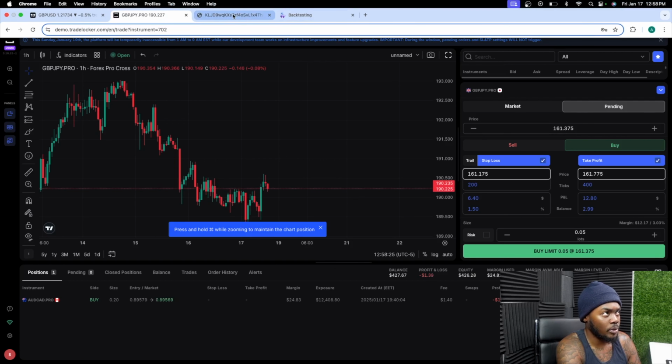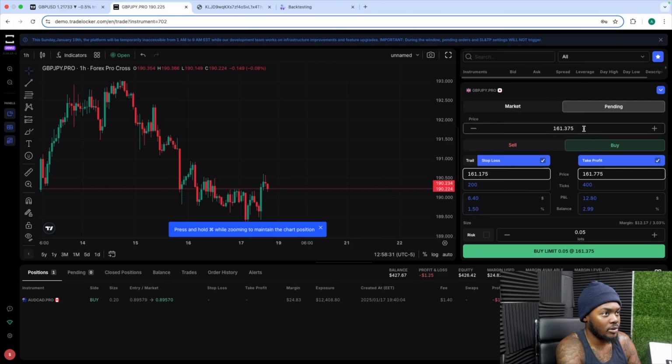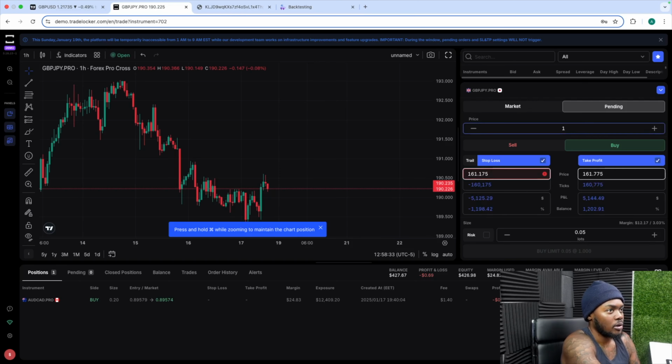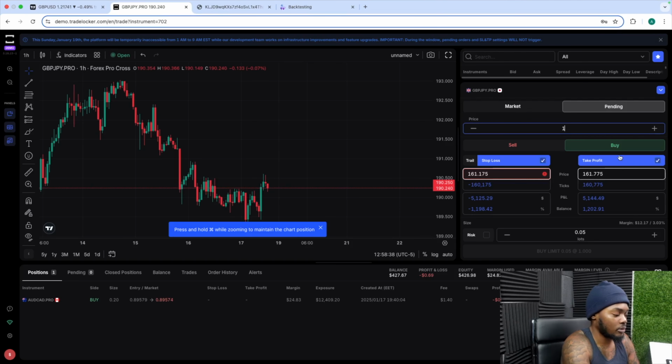My pending order would be 160.850 is my price point. So that's my entry price. I literally just forgot the number. 160.850. Okay, 160.850 would be my price point.